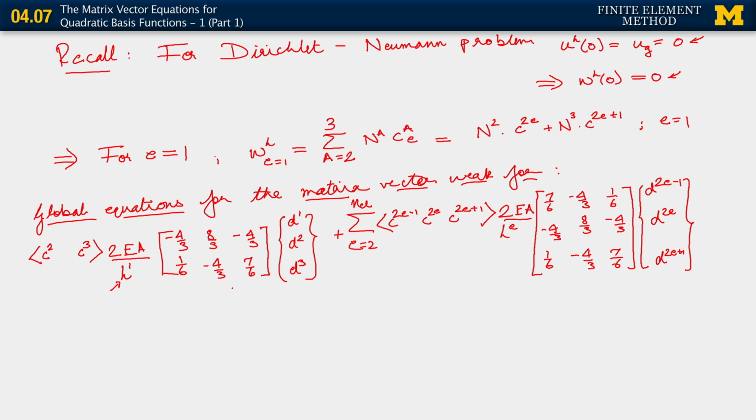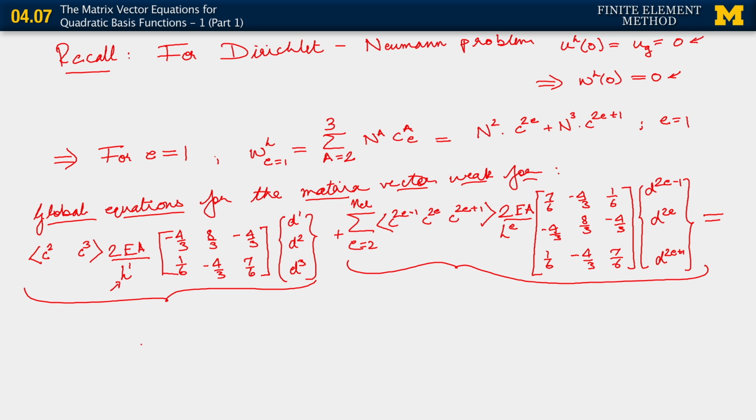Those terms together, this one for the first element and this for a generic other element, give us our left-hand side. This is now equal to the right-hand side.